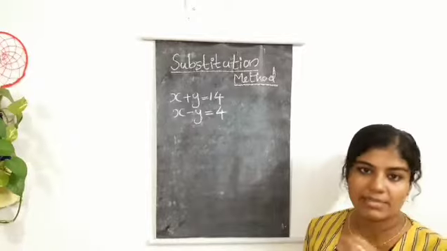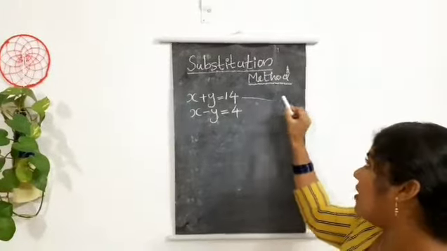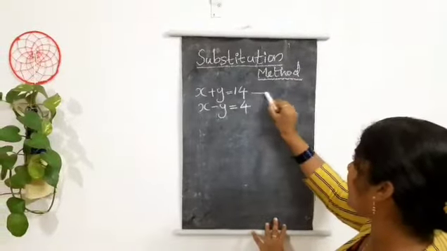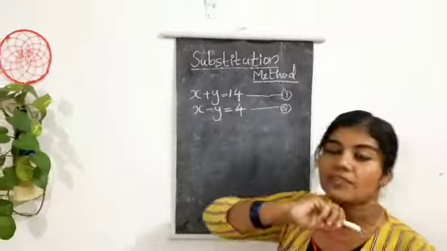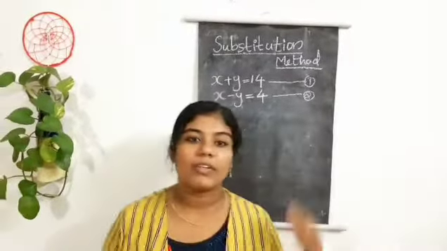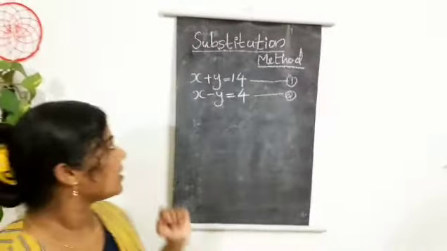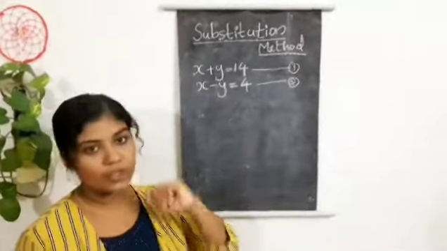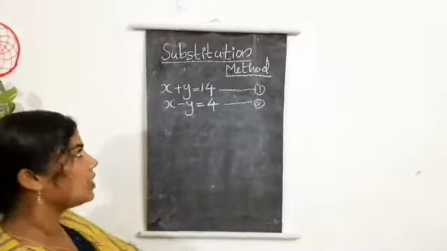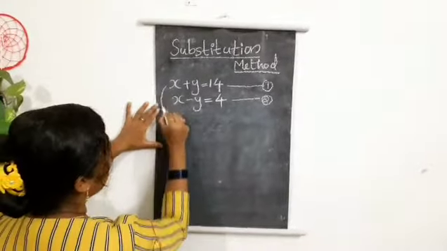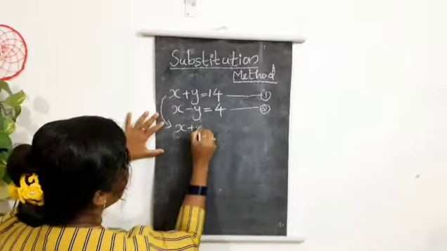Let's name the first one equation number 1. I am writing here 1, and the second one we can write as 2. After giving the numbers, take the first one, that is x plus y equal to 14.